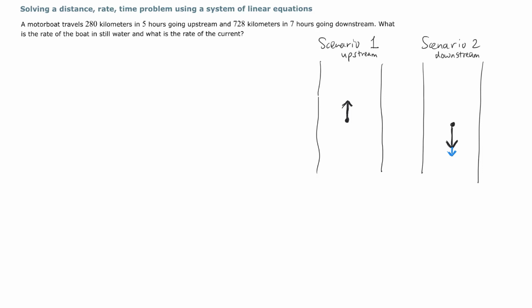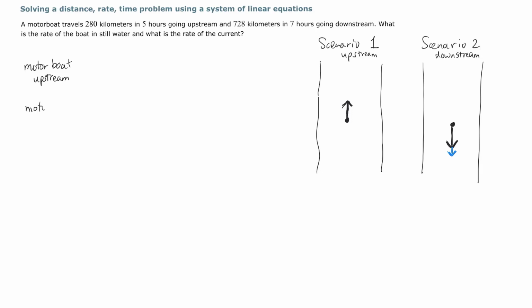Now, our goal is to collect some of this data and put it in a table as well. Why don't we give it 4 columns and 2 rows. So the motorboat going upstream.